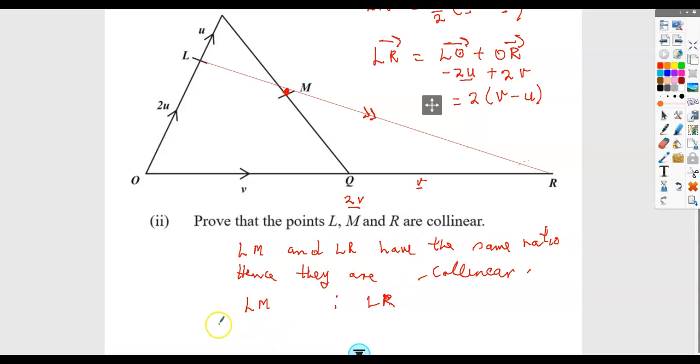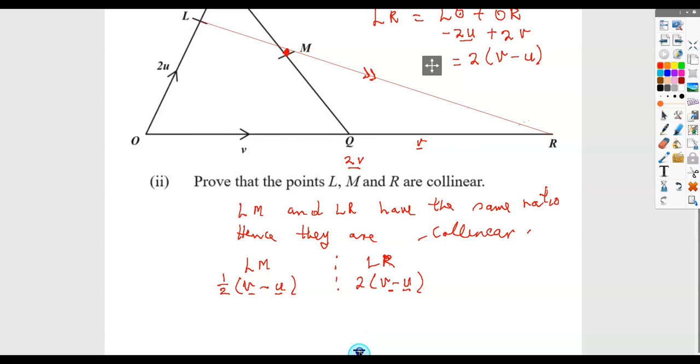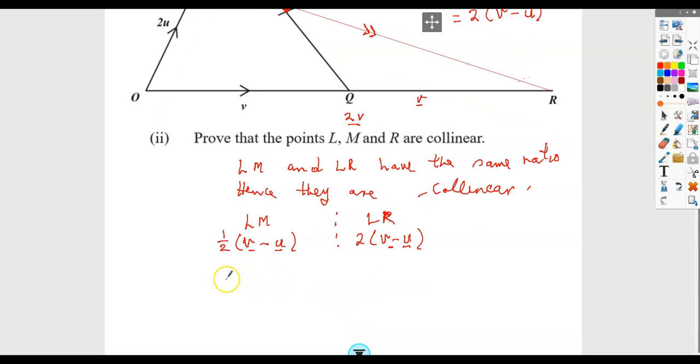LM is a half V minus U, and LR is 2 V minus U. So you can write the ratio as a whole, that would be 1 to 4.